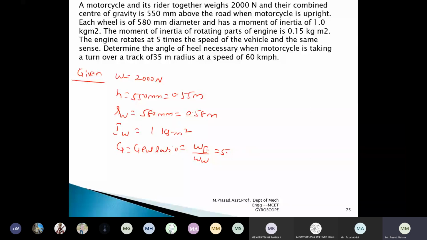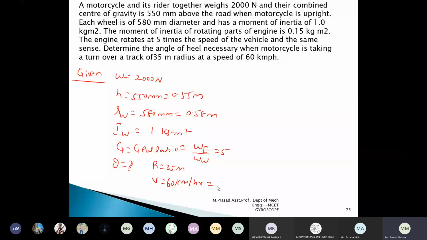You are supposed to find theta, the angle at which this is inclined. What is the radius they have given? 35 meter radius at a speed of 60 km per hour. Convert this and give me the answer, 60 km per hour into meters per second.